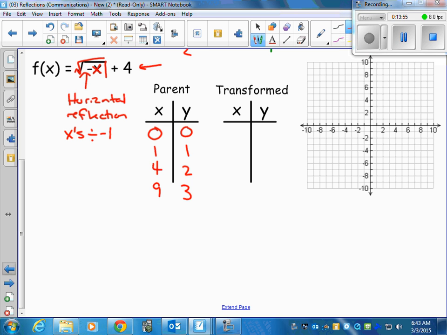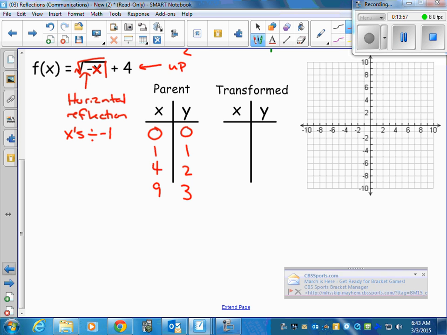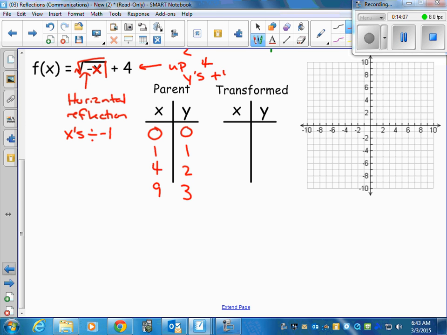You've got a plus 4 on the outside, so the graph is going to move up 4, or the y's plus 4. So we're going to perform this operation on our table, and then we'll move it to the graph. X's divided by -1: we've got 0, -1, -4, -9. Our y values are moved up 4: 4, 5, 6, and 7.